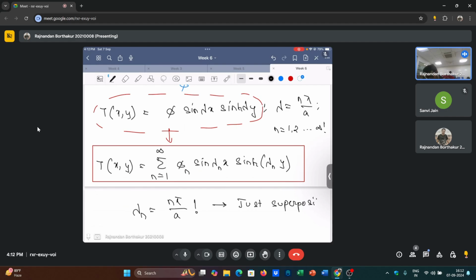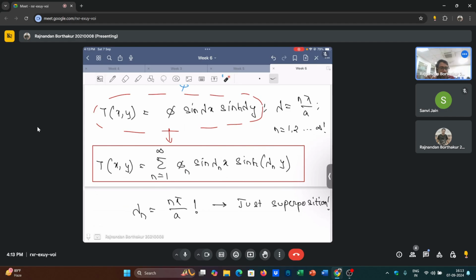You know why we are able to use this superposition? This is because the sine functions and the sine hyperbolic functions are orthogonal functions, which means that the solution, let's say for n equal to 2, is not dependent on the solution for n equal to 3. Such forms of functions are known as orthogonal functions. Okay. And that's why this superposition is possible when we have these kinds of orthogonal forms of functions.